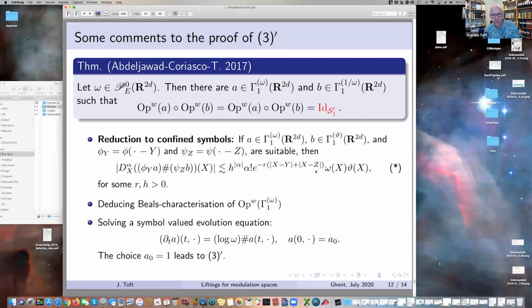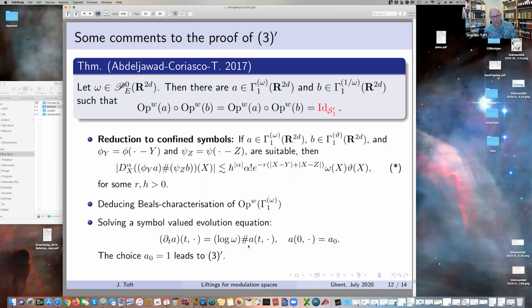And if you look at, for example, the paper by Bony and Germain, and also other papers by Bony and collaborators, they had a similar type of estimate, but with polynomial decay. But here we need exponential decay.